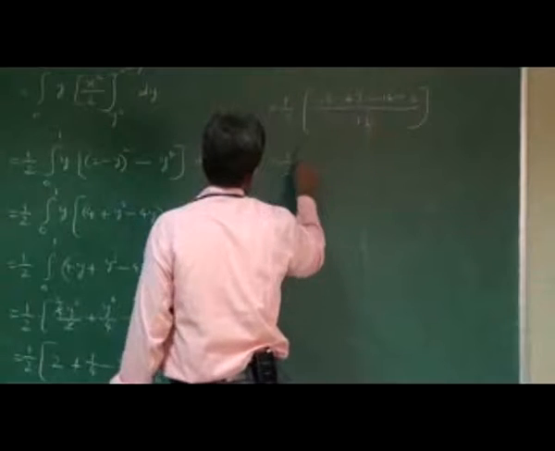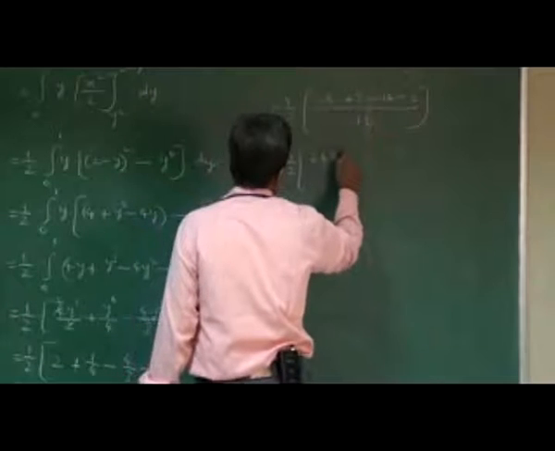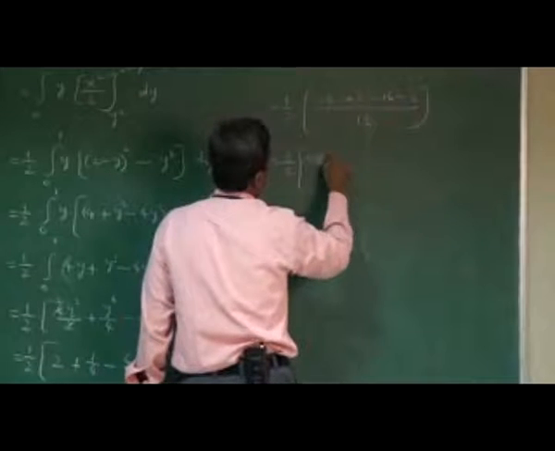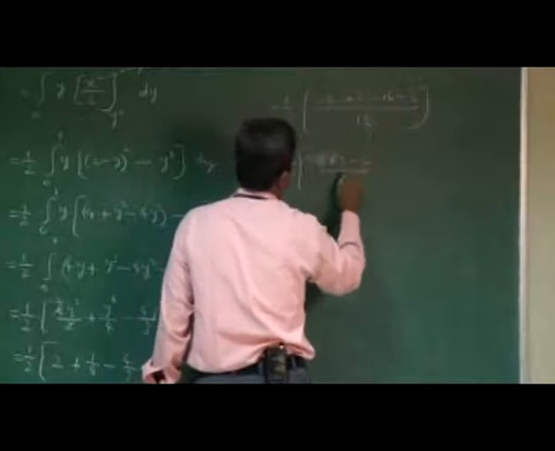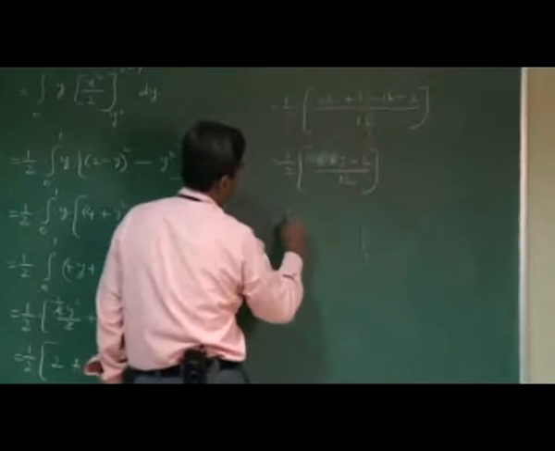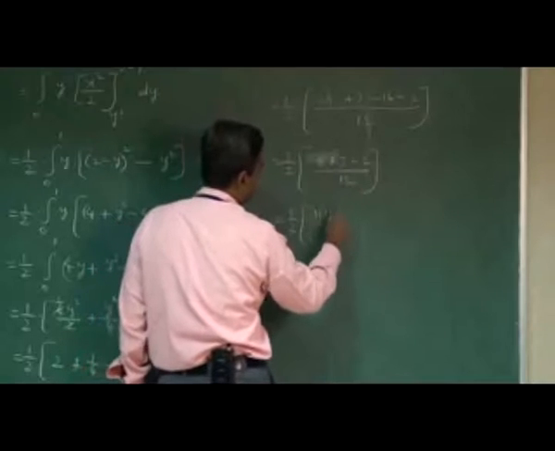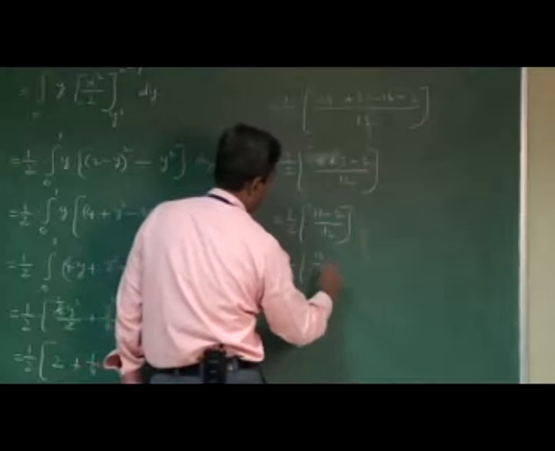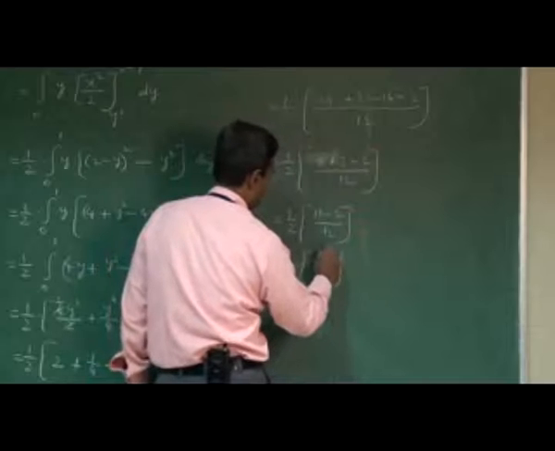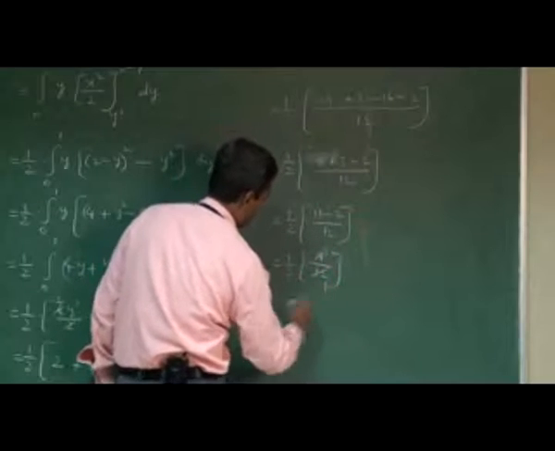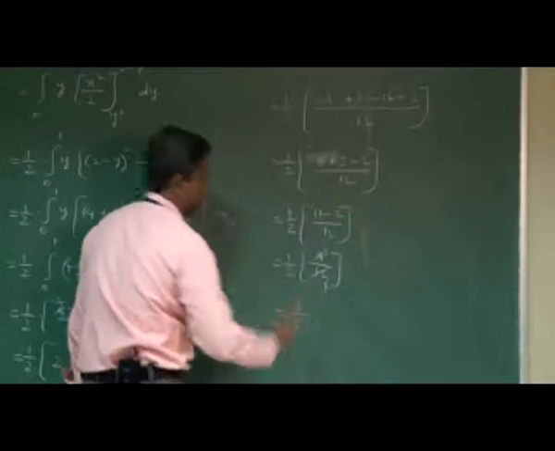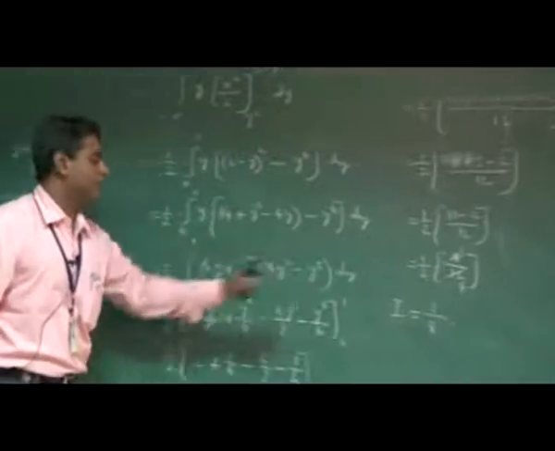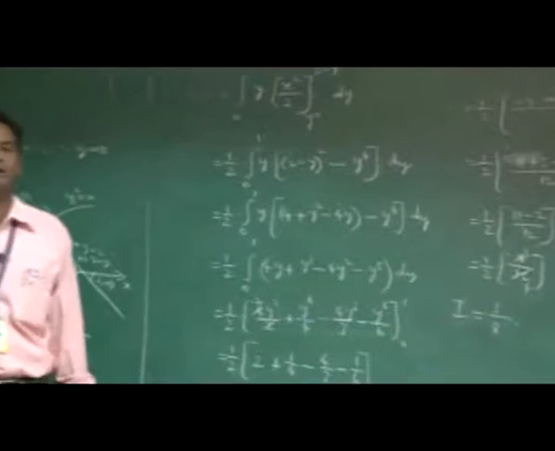So we get 1 by 2 times (24 plus 3 minus 16 minus 2) divided by 12, which is 1 by 2 times 9 by 12. Simplifying, we get 3 by 8. So the area of the region I equals 3 by 8.